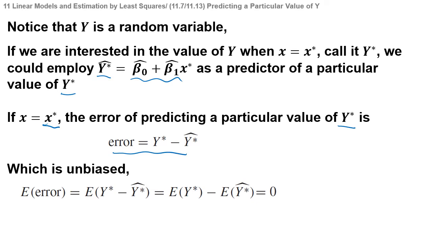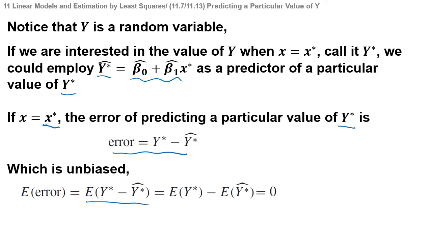So y star minus y star hat is the error, and this value is unbiased. We can easily show that the expected value of the error is the expected value of y star minus the expected value of y star hat.